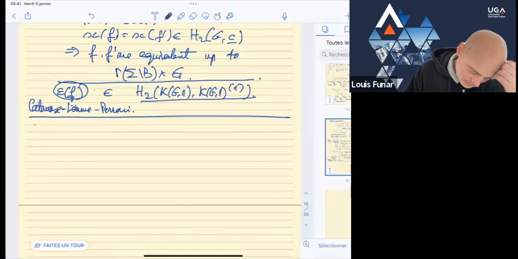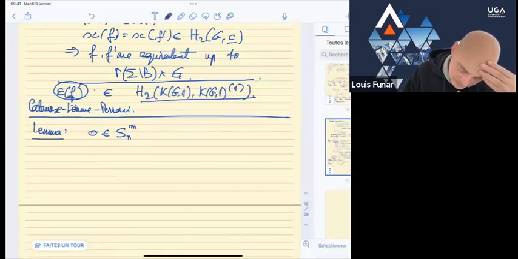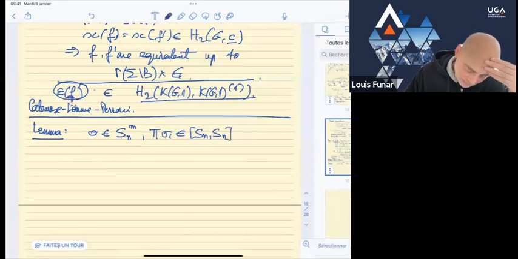Let me put it like a lemma, which was missing. You take sigma, a couple of permutations, and you want the product to belong to the commutator.